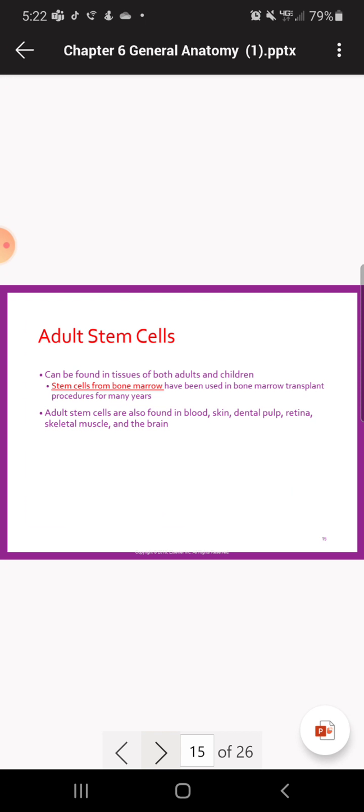Stem cells from bone marrow have also been used in bone marrow transplant procedures for many, many years. That is a test question. Adult stem cells from bone marrow have been used for bone marrow transplants for many years. Adult stem cells are also found in blood, skin, dental pulp, retina, skeletal muscle, and the brain.